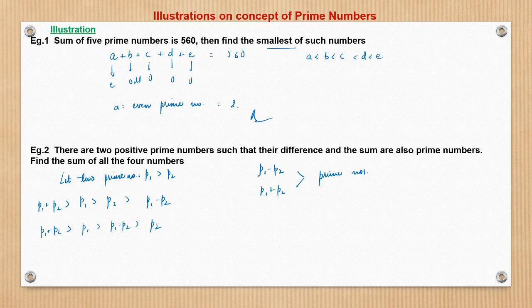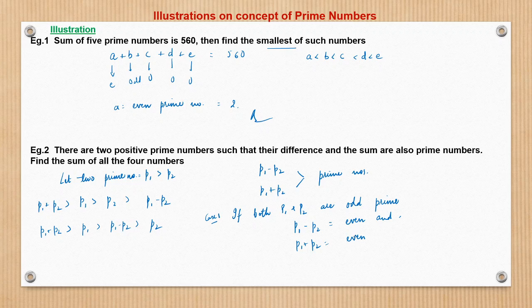Now see, if both P1 and P2 are prime, say suppose case 1, both P1 and P2 are odd primes, then P1 minus P2 will be even, and P1 plus P2 will also be even, because the sum of two odd numbers and the difference of two odd numbers will always be even, and there is only one even prime number, and here P1 minus P2 is given as a prime number, P1 plus P2 is also given as a prime number.